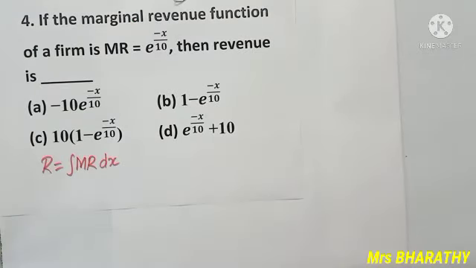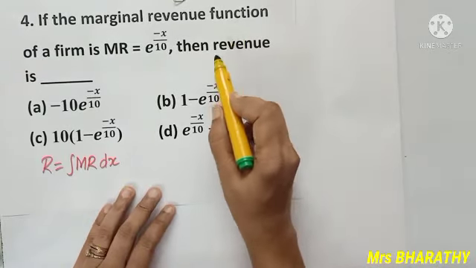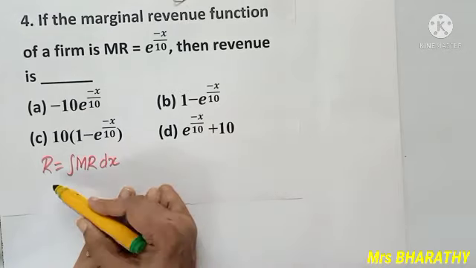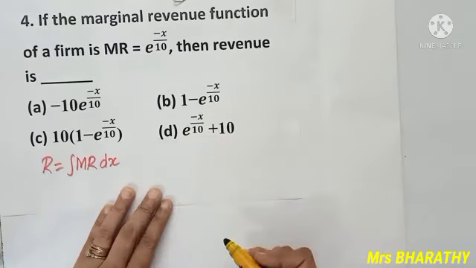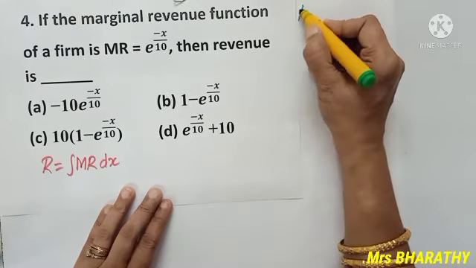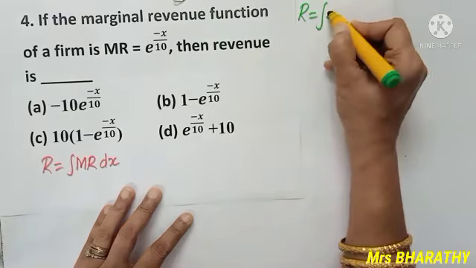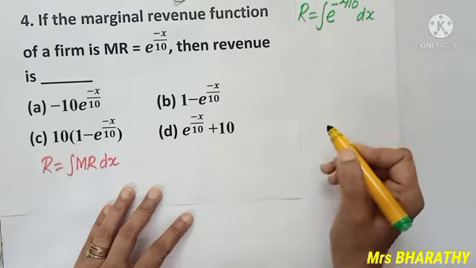Question number 4. Marginal revenue is given. We need to find out the revenue function. Recall the formula: revenue is integral MR dx. Here R is equal to integral MR, which is e power minus x by 10, dx.